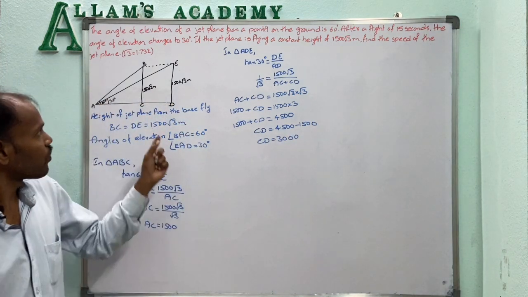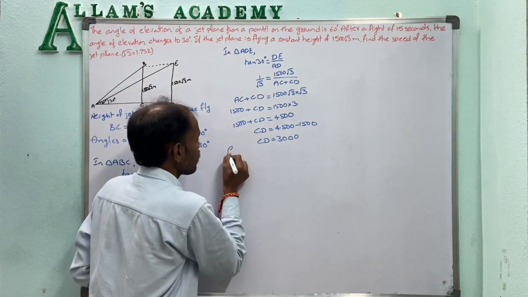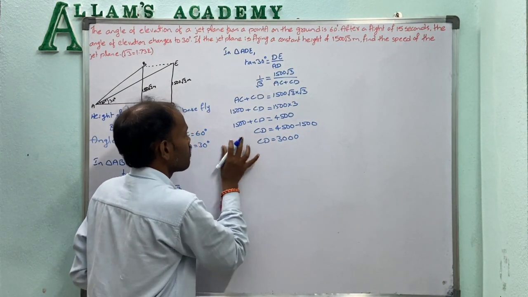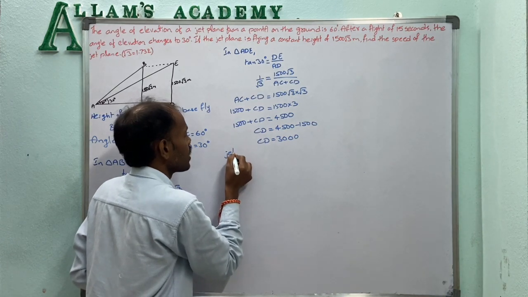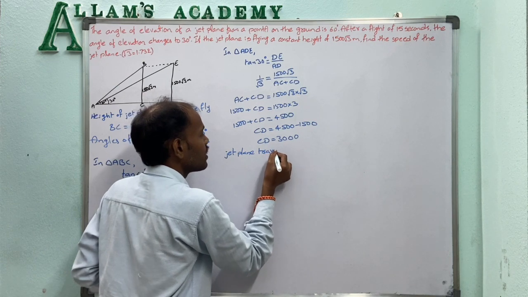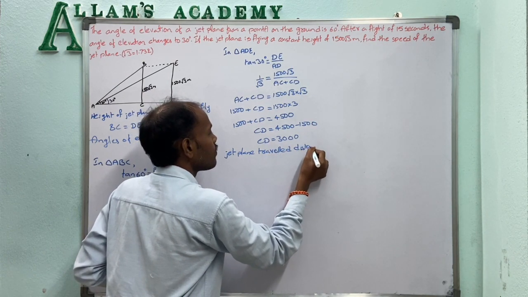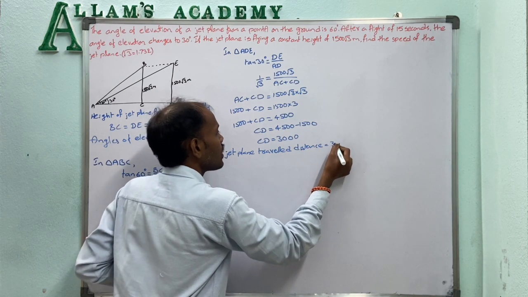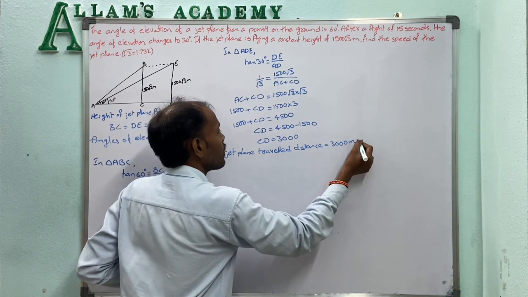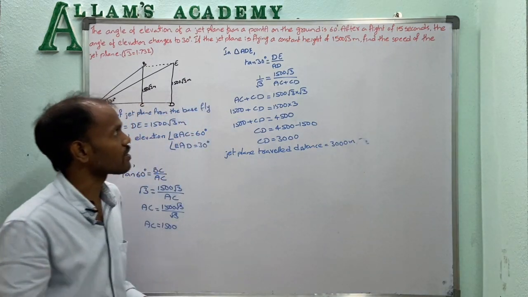So the flight traveled a distance of 3000 meters. Flight means here the jet plane. So the jet plane traveled a distance of 3000 meters.